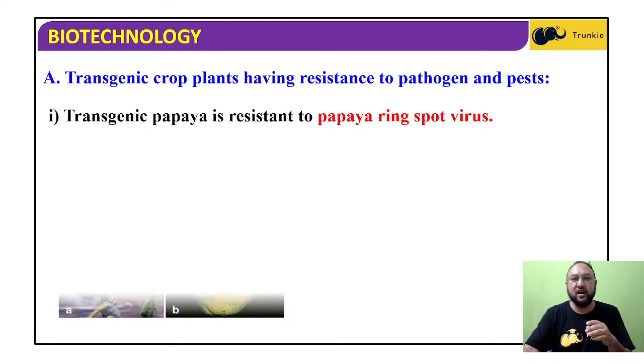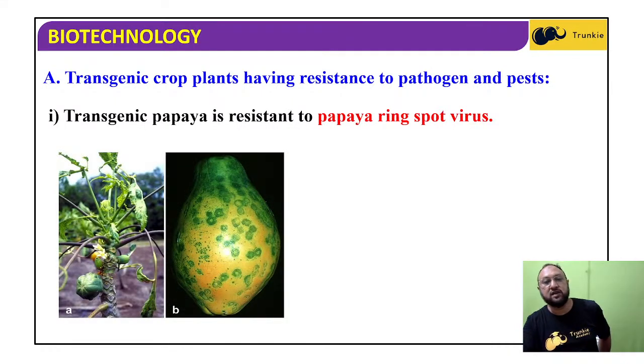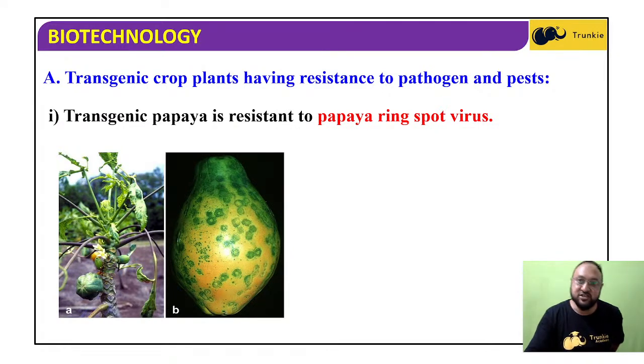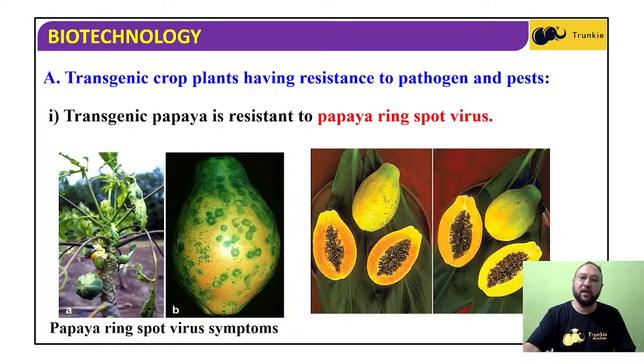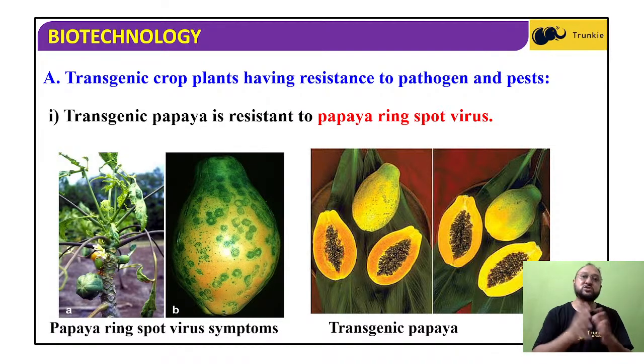Take the papaya ringspot virus, which causes ring-like spots on the surface of the papaya. After making it transgenic, there is no such disease; it is resistant to papaya ringspot virus disease.